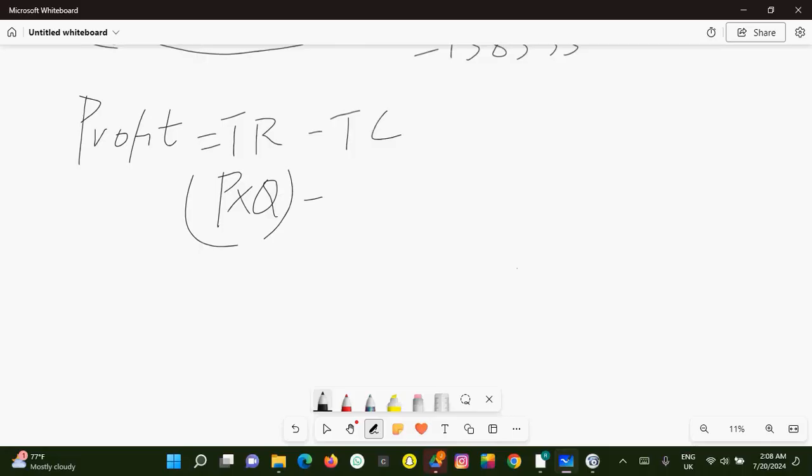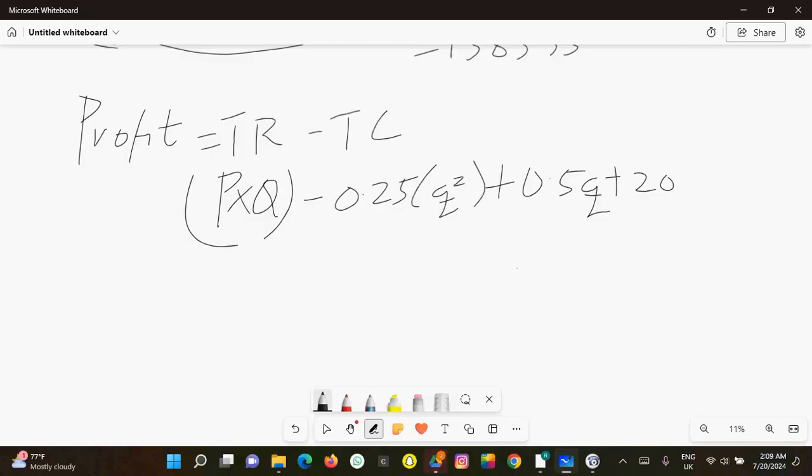The total cost function is 0.25Q squared plus 0.5Q plus 20.